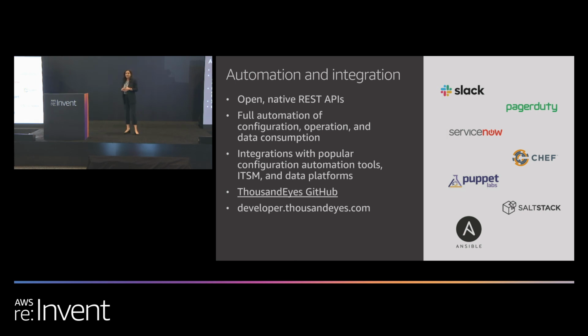But it's one thing to find out where the problem is. The other thing is to actually get notified proactively when there is a problem, right? So while the platform has support for alerts and reports and all of that, that's basically table stakes here. We also can integrate with your ITSM tool, be that PagerDuty, ServiceNow, and our API is pretty comprehensive depending on what you want to do.